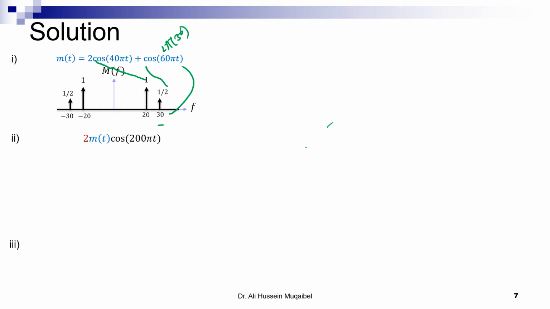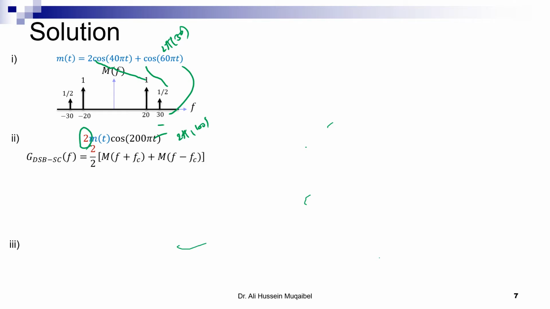Now in the second expression, we want to get the double sideband by multiplying by 2m times cosine 100. So the frequency here is basically 2 pi times 100. If you want to sketch the spectrum, you're going to shift everything by 100 right and left. The scale factor of 2 will keep all amplitudes as is.